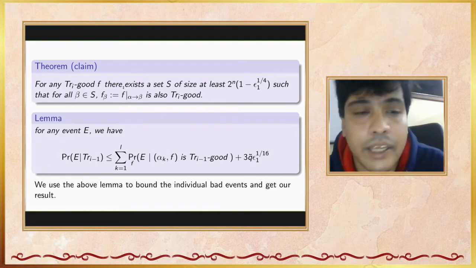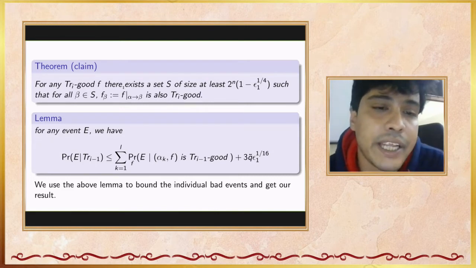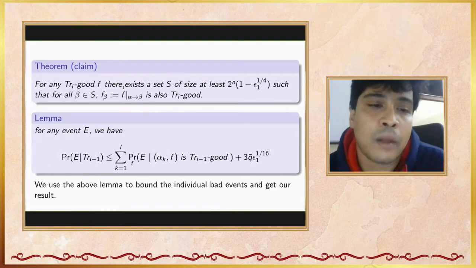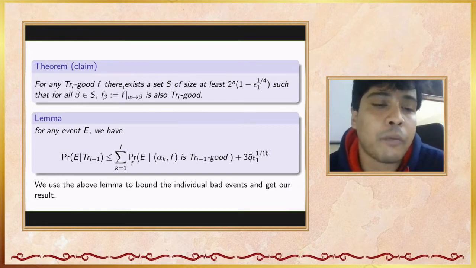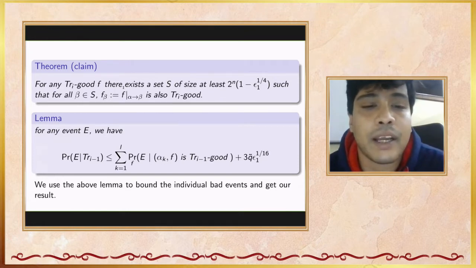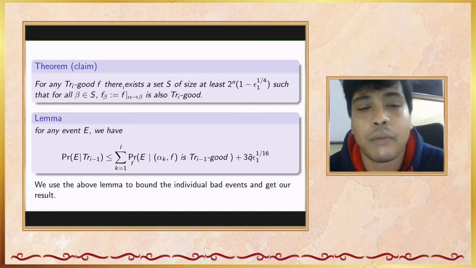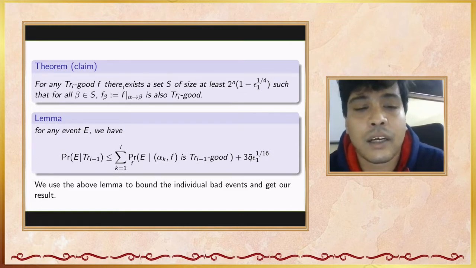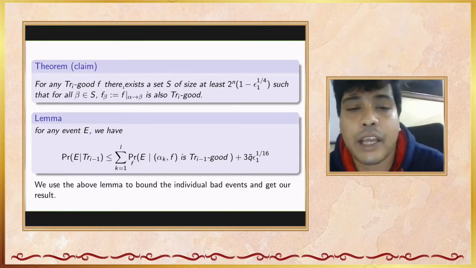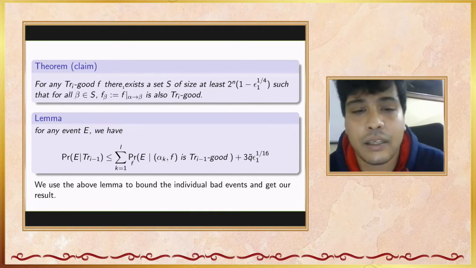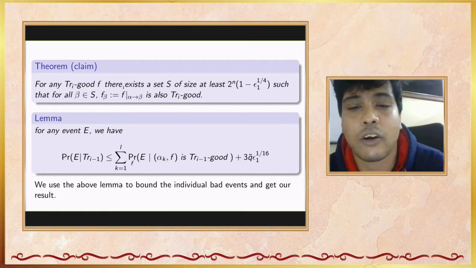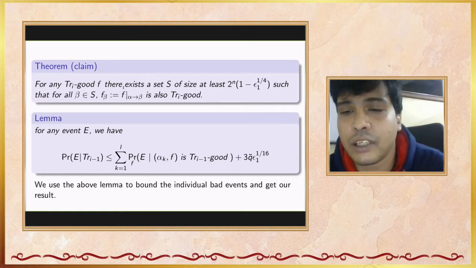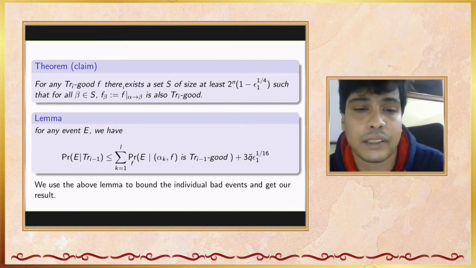So if we take any event E, when we condition the probability of E given TRi minus 1, we are able to show in this lemma that it is less than or equal to the summation from K equal to 1 to L, where the probability is taken over F, of the probability of E given alpha K comma F is TRi minus 1 good, plus some 3q tilde epsilon to the power 1/16.